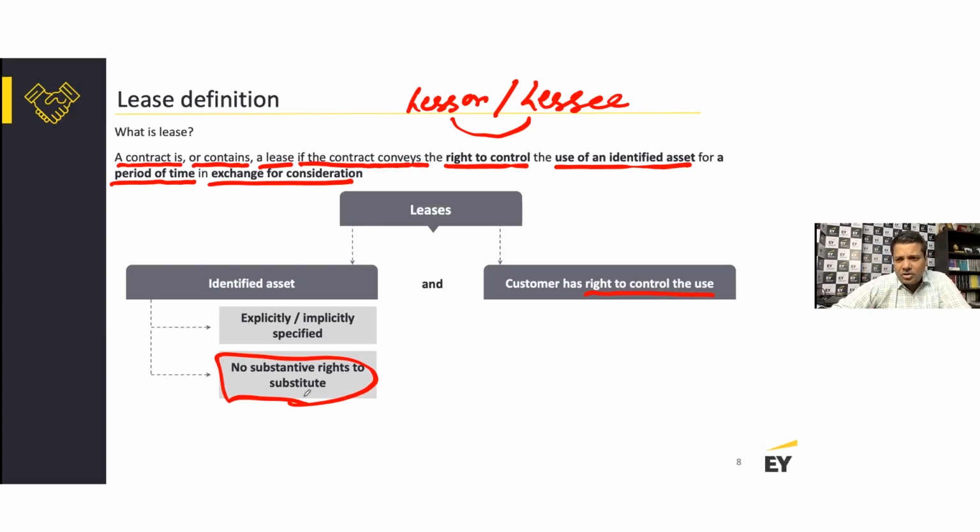If that is the case, that's not a lease arrangement, okay? It has to be the same identified asset. It's not similar assets; it has to be the same asset to qualify. You can have some substitution right, but that has to be only an exception.